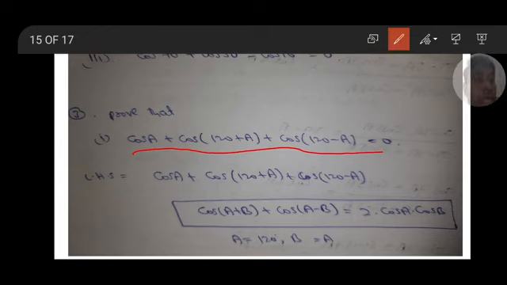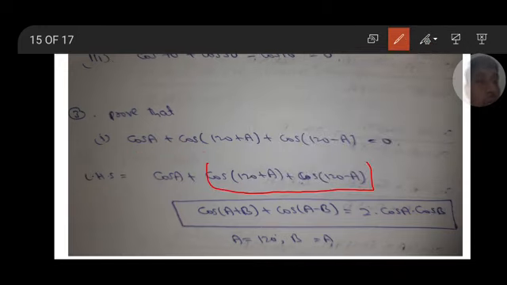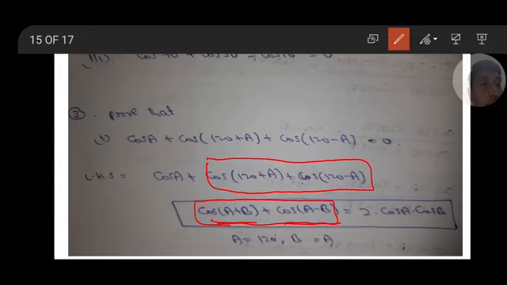So given LHS cos A, cos 120 plus A, cos 120 minus A. If you take these two terms, cos 120 plus A, cos 120 minus A, these are of the form cos of A plus B plus cos of A minus B, where A equal to 120, B equal to A.